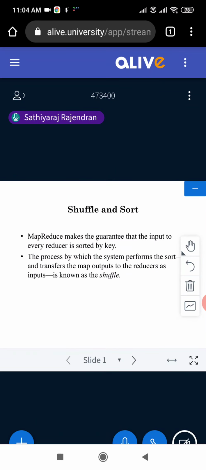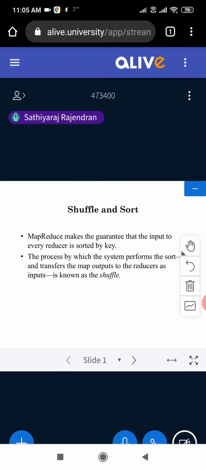Okay. So let me give a small overview on shuffle and sort. As the name itself tells, we are going to shuffle something and sort something. The idea is, if you take the same MapReduce example which we discussed earlier, if I give you a task to find the frequency of word counts from a given storybook, what you will be doing is first you will start mapping.